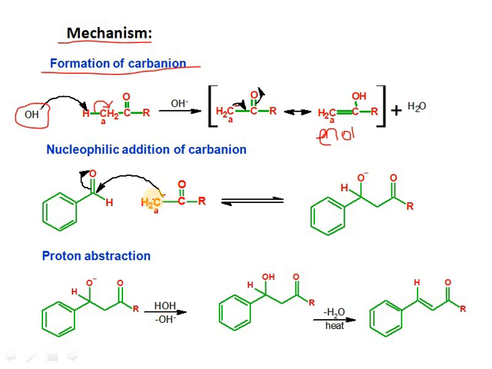After formation of this carbanion, the second step is nucleophilic addition by the carbanion to the carbonyl carbon of the aldehyde. This CH2 minus attacks this carbonyl carbon and forms a negative charge on oxygen. After nucleophilic addition, the third step is proton abstraction. Which proton is abstracted?